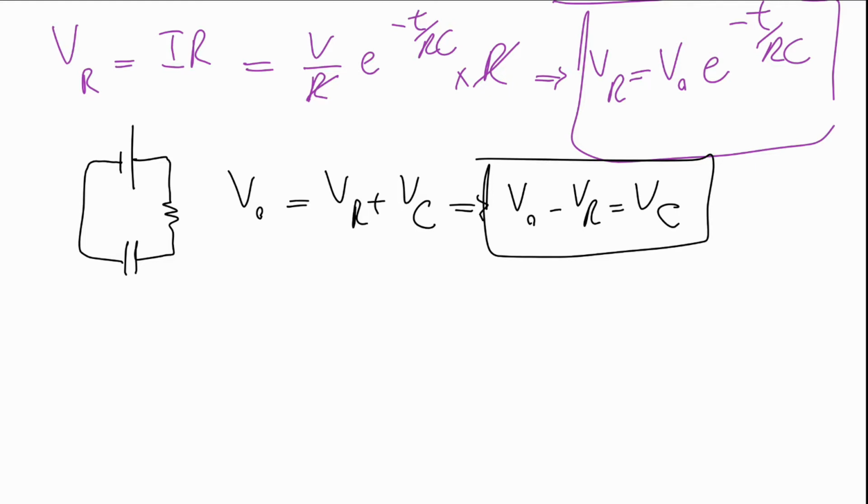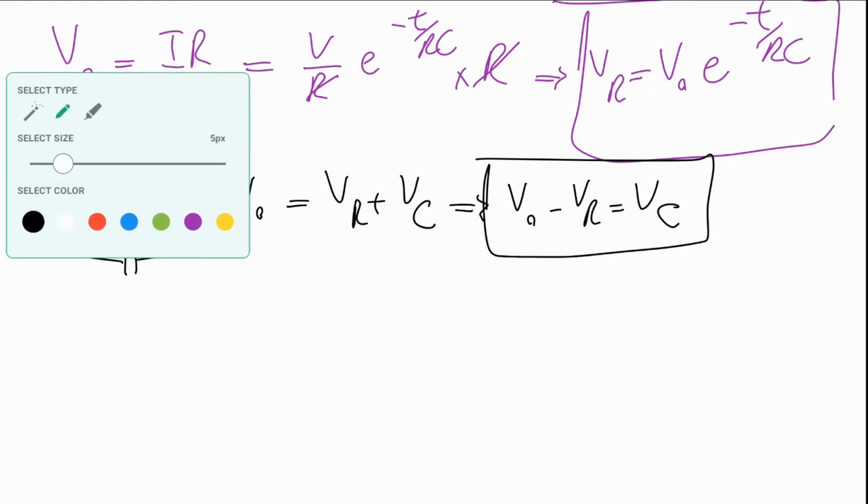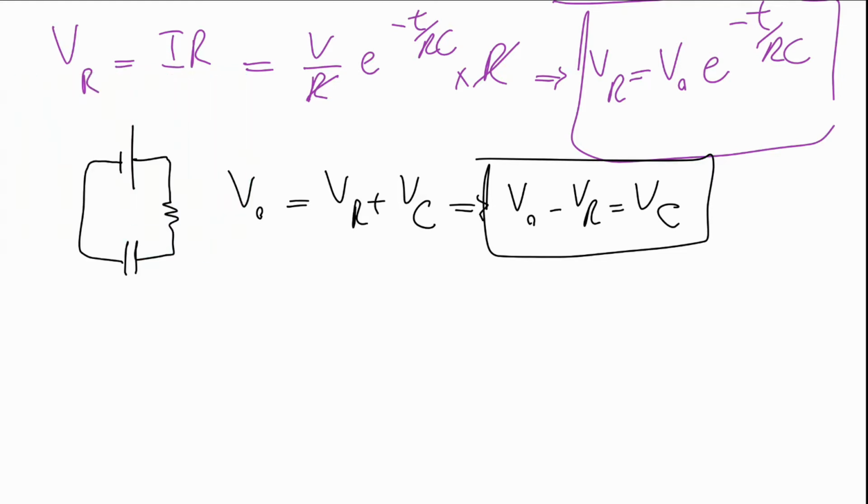In order to calculate the voltage across the capacitor with respect to time, we can easily input V0. Actually, that's also important, so I would like to write it in a different color. Just take green. So V0 minus, we can just input this formula, V0 multiplied by e to the power of minus t over RC.